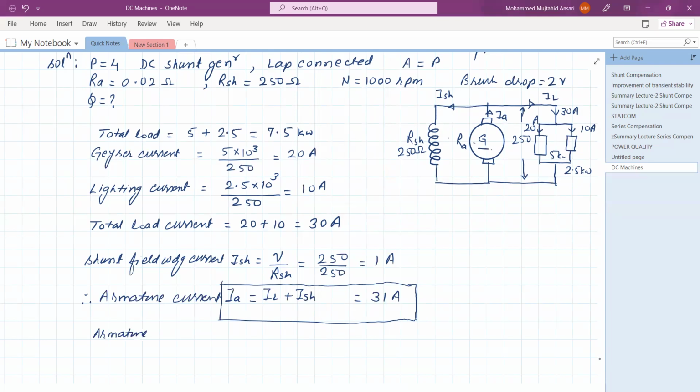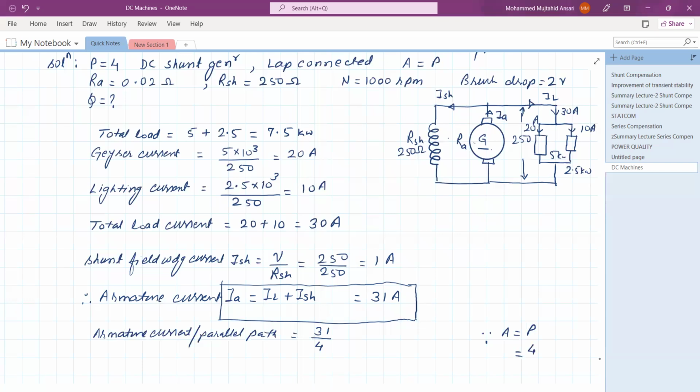Armature current per parallel path is equal to 31 divided by 4, since A is equal to P, which is equal to 4.